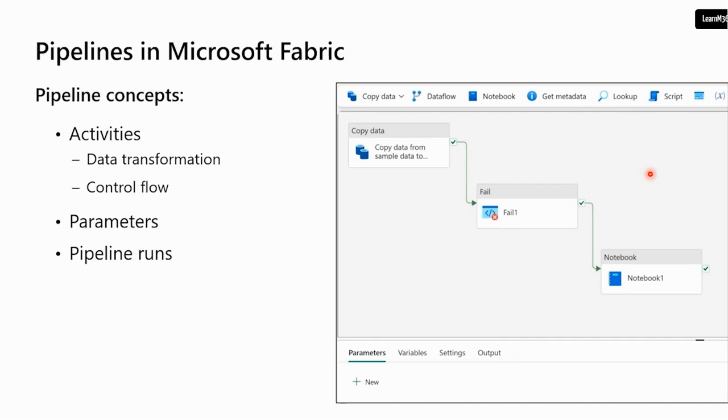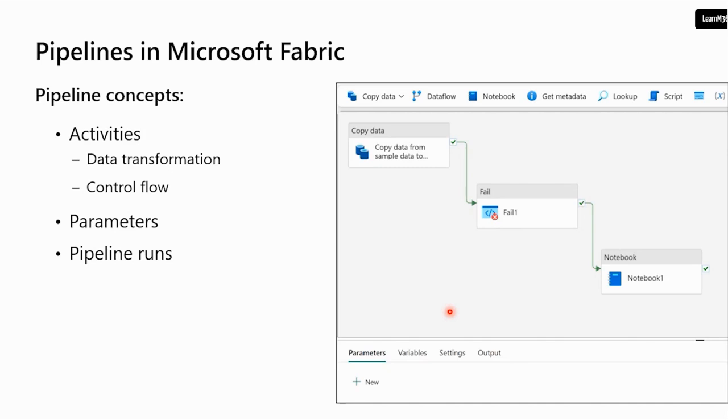If you're not familiar with coding or you're not an expert in creating pipelines, you can do it easily in Fabric's user interface because it's a low-code to no-code graphical canvas. This is where you can actually create the pipelines. So that's an overview of what pipelines are.